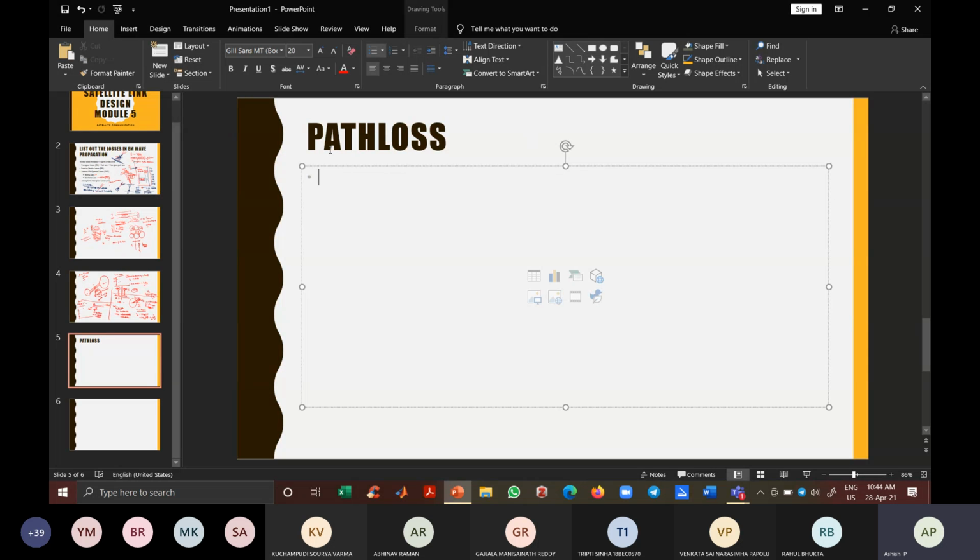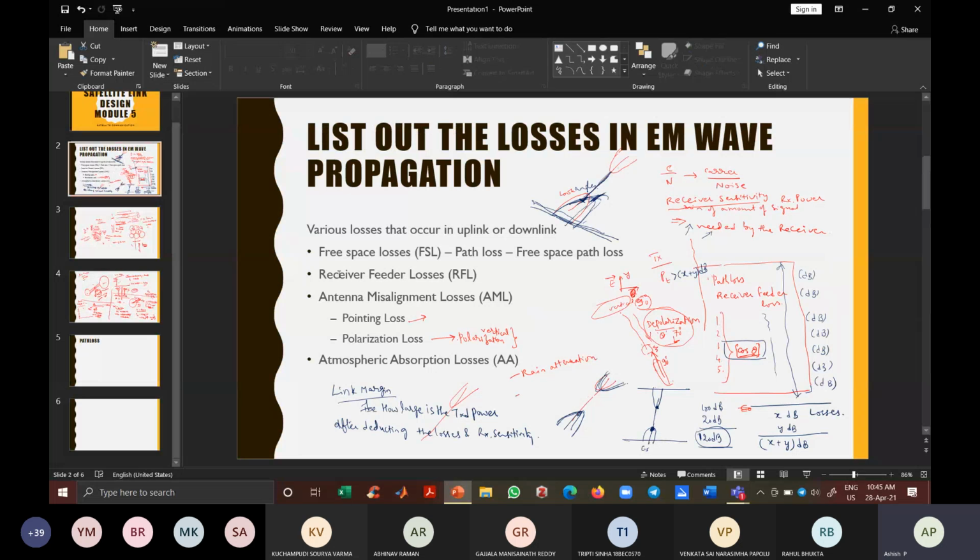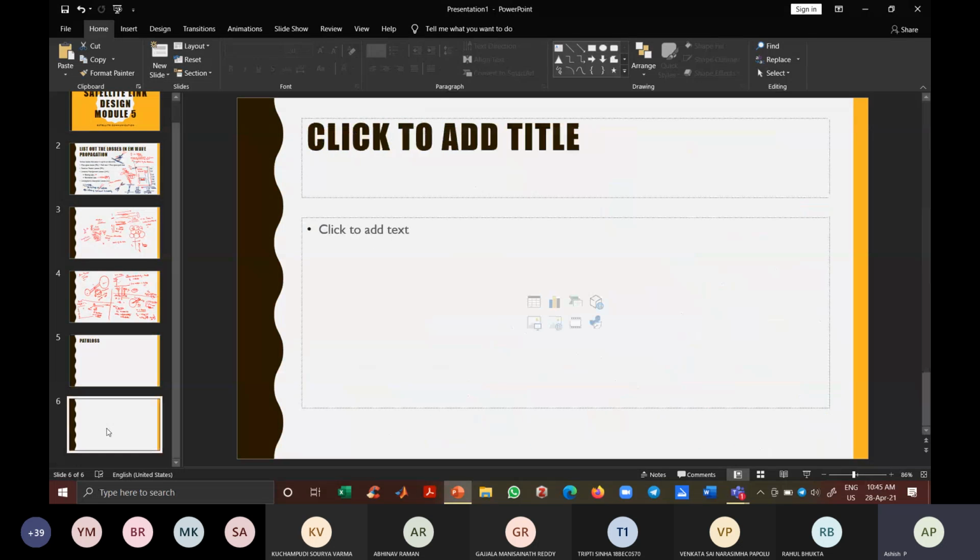For that, path loss is one factor. Then receiver feeder losses. Within the receiver, there is thermal noise. So once we go within the receiver, you get those kinds of formulas, like I think some of you might have seen in another subject, PTRP or analog communication. So the overall noise figure is there. Then noise figure minus 1 into the absolute temperature. If you do, you will get the equivalent noise temperature of that device.